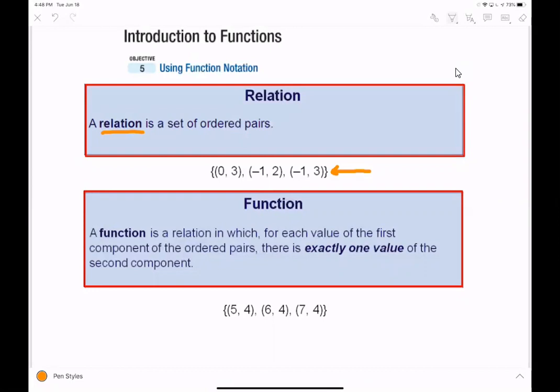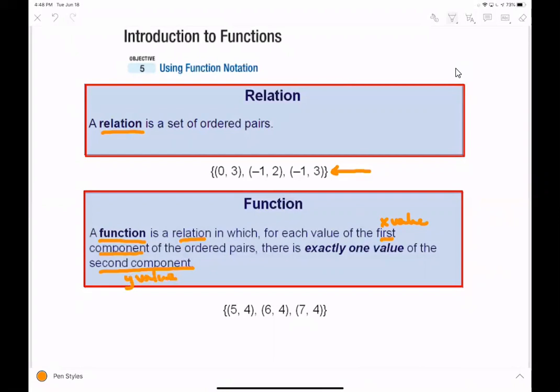Special relations are what are called functions. A function is a relation in which, for each value of the first component, which is your x value, of the ordered pairs, there is exactly one value of the second component, which is your y value, or we could say y coordinate.